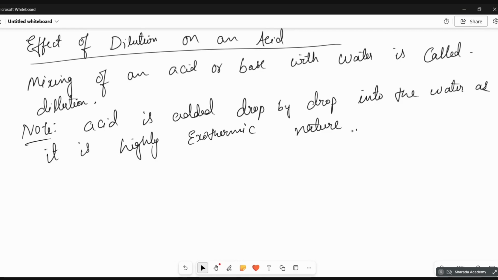When rainwater is coming from the clouds, it will be neutral in nature. When it starts coming through the atmosphere, it starts combining with the gases in the air. So if the pollution is more, the rainwater can become acidic.